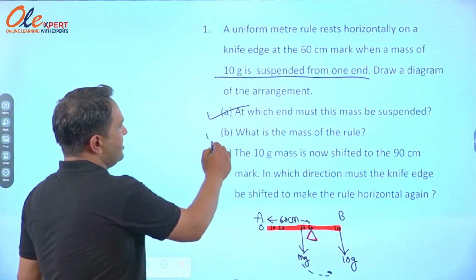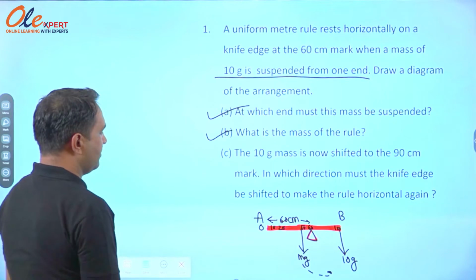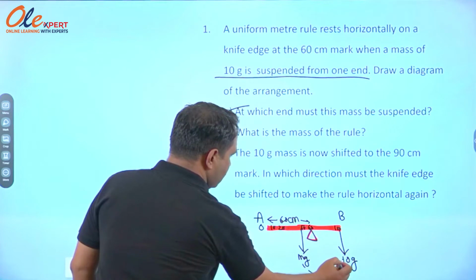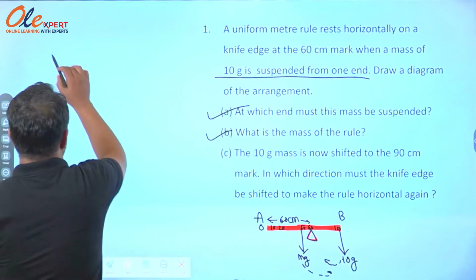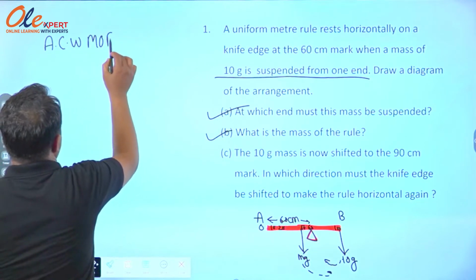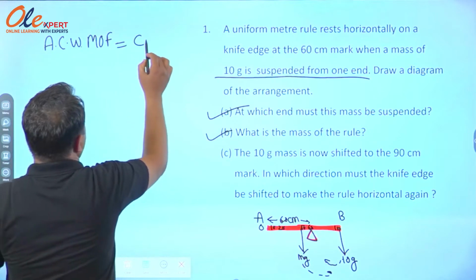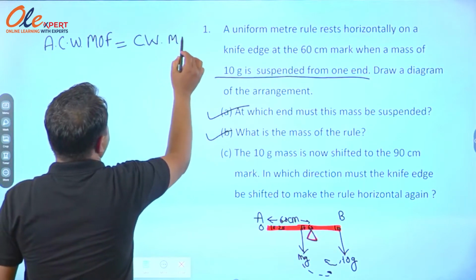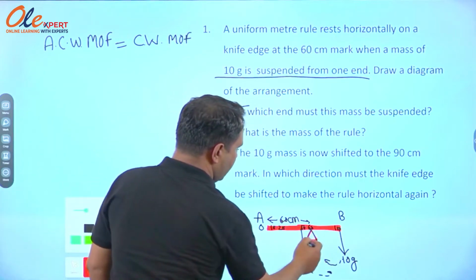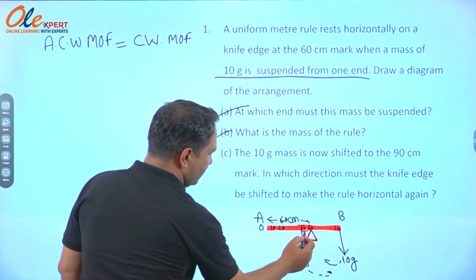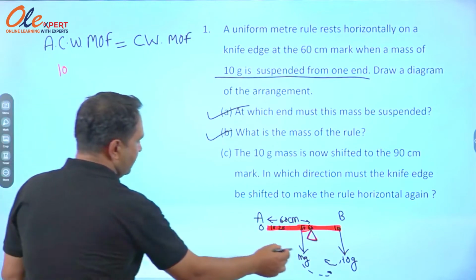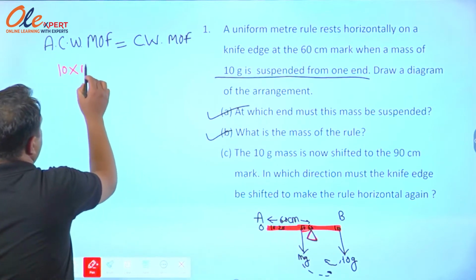The next question is, what is the mass of the rule? We can calculate the mass of the rule. This is the anti-clockwise moment, and due to this 10 gram there will be a clockwise moment. So anti-clockwise moment of force is equal to clockwise moment of force. What is the anti-clockwise moment of force?